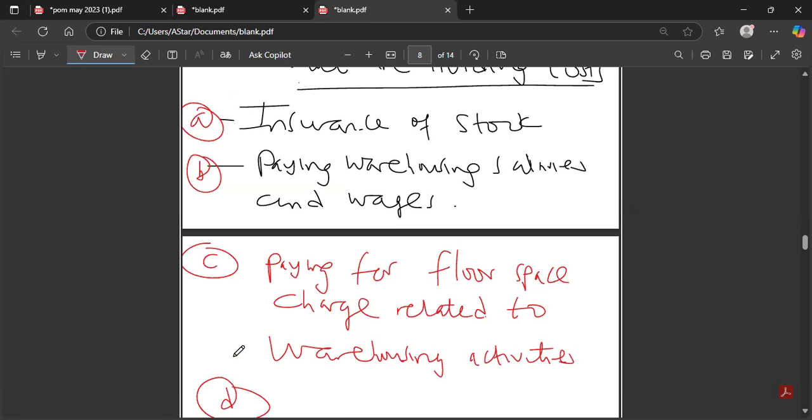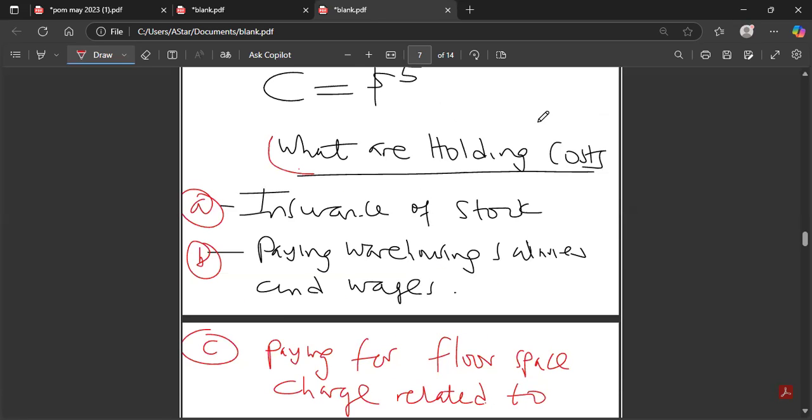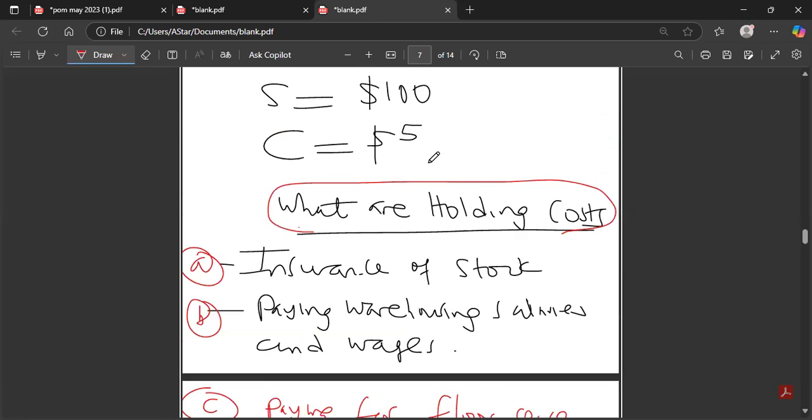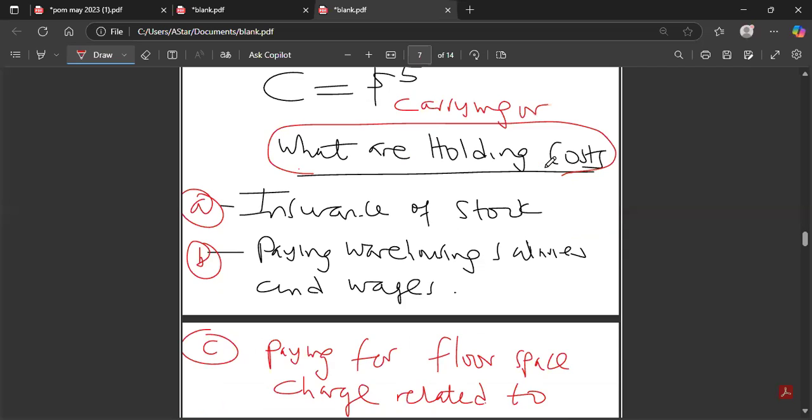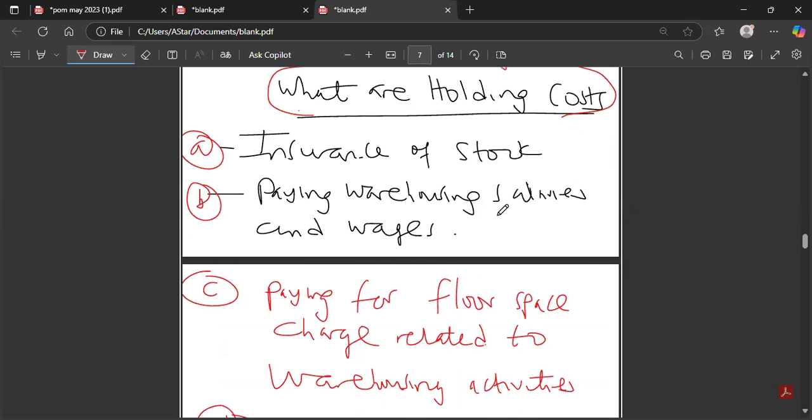The holding costs or carrying costs: depreciation. All these are holding costs. Insurance of stock, housing, salary and wages.